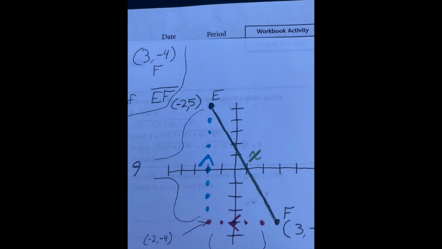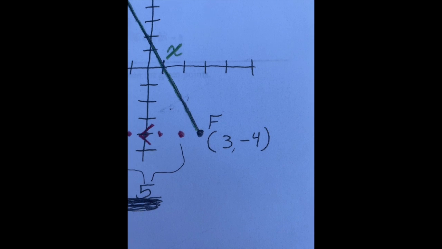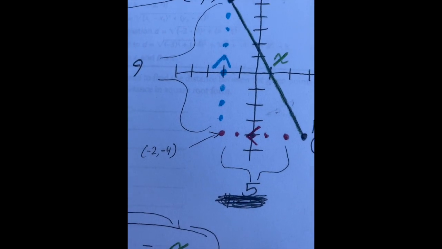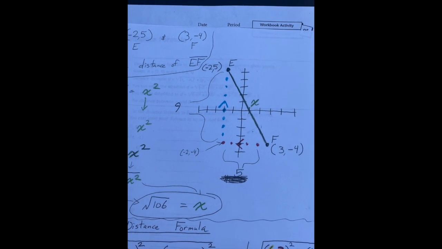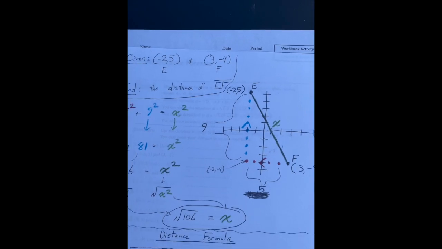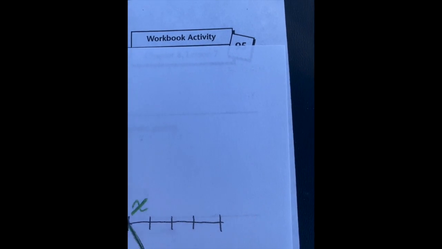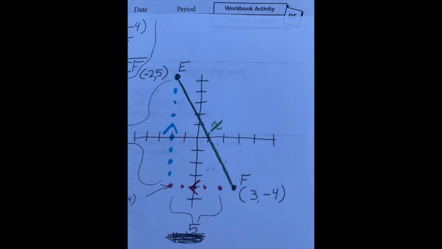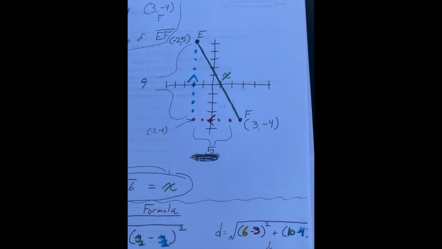However, I decided to go the optimal route where we went down first and then horizontal across. What can I say? You can take the teacher out of the rise and run setting, but you can't take the rise and run setting out of the teacher. So this is just my method. You guys can do it the other way where we went horizontal first, then vertical. But for this example, I decided to do the opposite way, just in case.